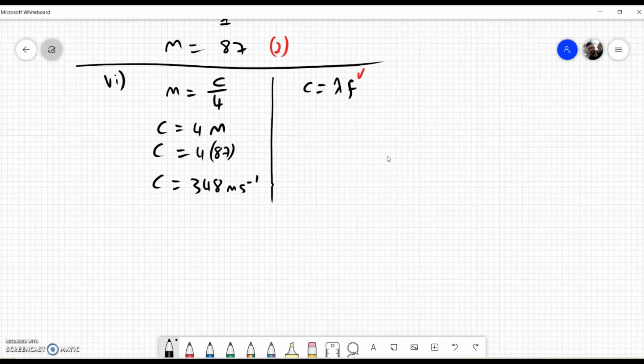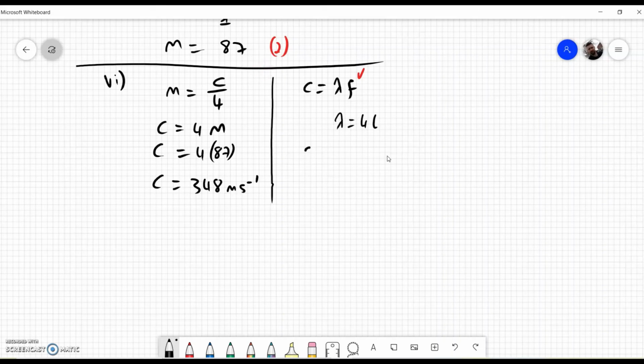So what I can do is take one of my lengths from the question. I'm just going to take the first one, which was 34 centimeters. So my wavelength is 4 times the length, because 1/4 of the wavelength makes up my standing wave for this one.